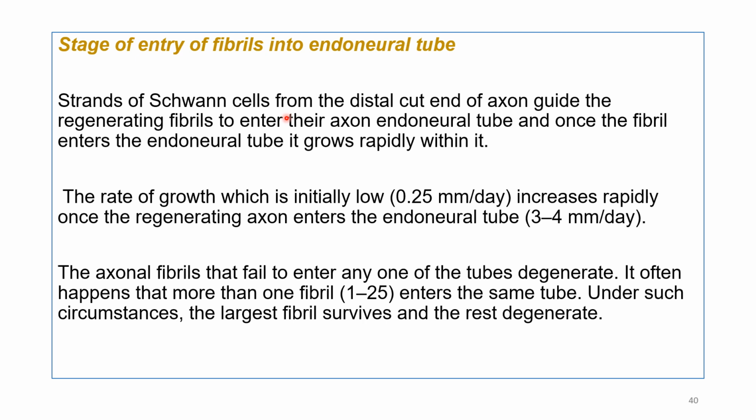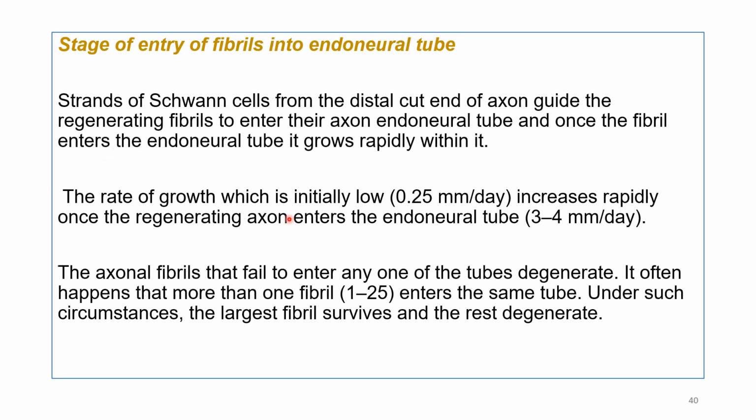So, our Schwann cells are forming Bungner bands. They will guide the fibrils which are coming from the proximal end of the axon to enter into the axon cylinder within the endoneurial tube. And once the fibril enters the endoneurial tube, it grows rapidly within it.